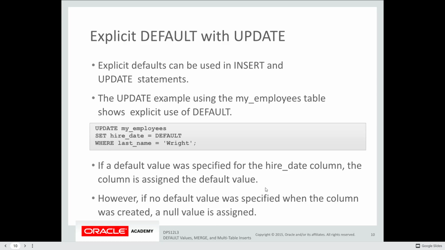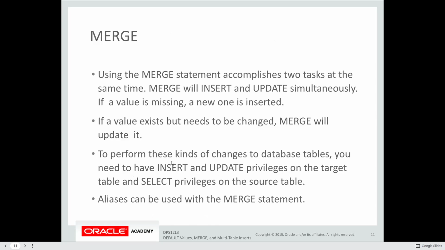Well, this is saying we had sysdate here when the table was created, but this last bullet point says if there was no default, then it would assign a null value. All right. So that's default. Default can be useful. I've always used it with hire date and whatever iteration of date when I was a DBA. All right, let's move on to merge.